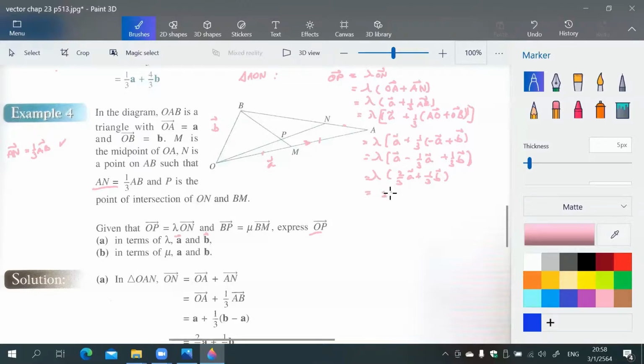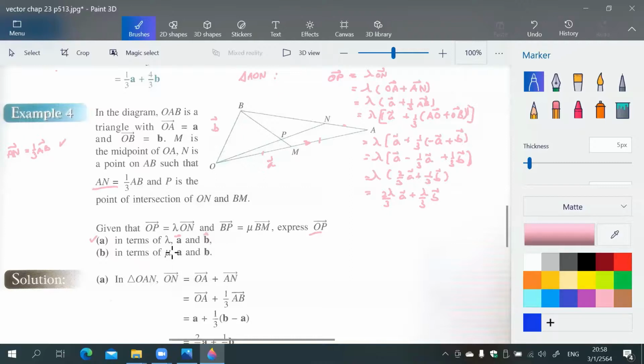It becomes 2 lambda over 3 vector A plus lambda over 3 vector B. Okay. Because right now lambda is like a k, a scalar, so you can combine it with a number here. So this is the final answer for OP for question A in terms of lambda and vector A and B.